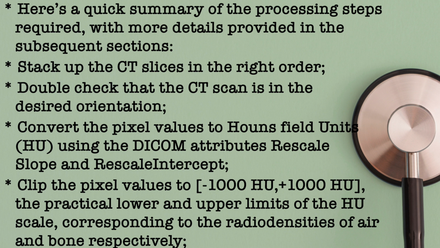Convert the pixel values to Hounsfield units, that is HU, using the DICOM attributes, rescale slope and rescale intercept. Clip the pixel values to -1000 HU to +1000 HU, the practical lower and upper limits of the HU scale, corresponding to the radio densities of air and bone respectively.